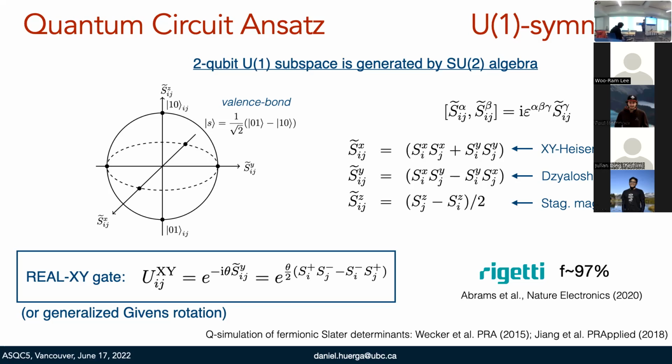It seems from numerical experiments that they have done, it seems to be the case. So initializing, instead of with a random set of parameters or a random circuit, initializing with everything set to identity. Yeah.